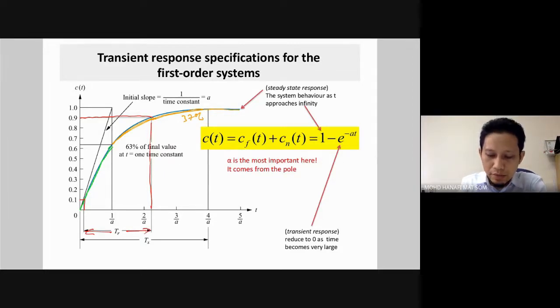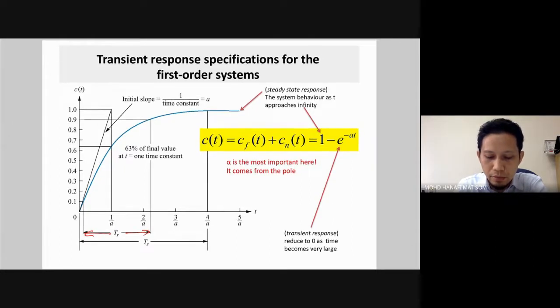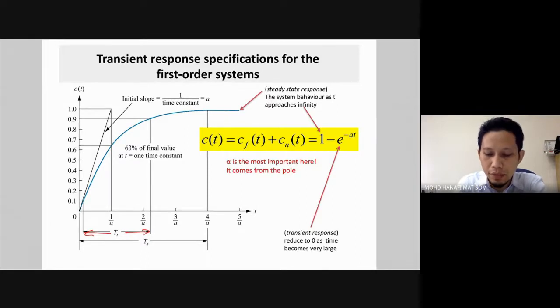Okay, and the settling time is the time taken for the system to stay within 2% of its final value. Because you see, when reaching the steady state, maybe it takes time to become stable, something like this. So in between, maybe it has some oscillation over here. So it oscillates before it reaches the stable value.